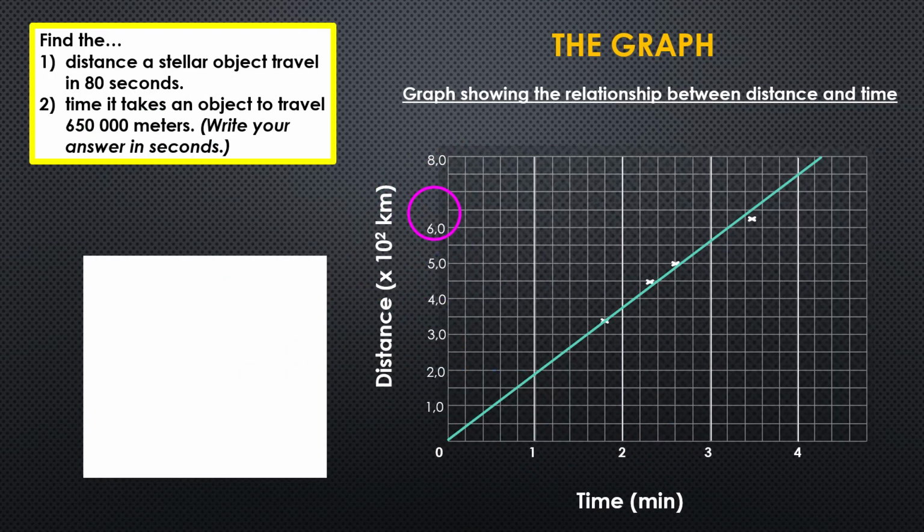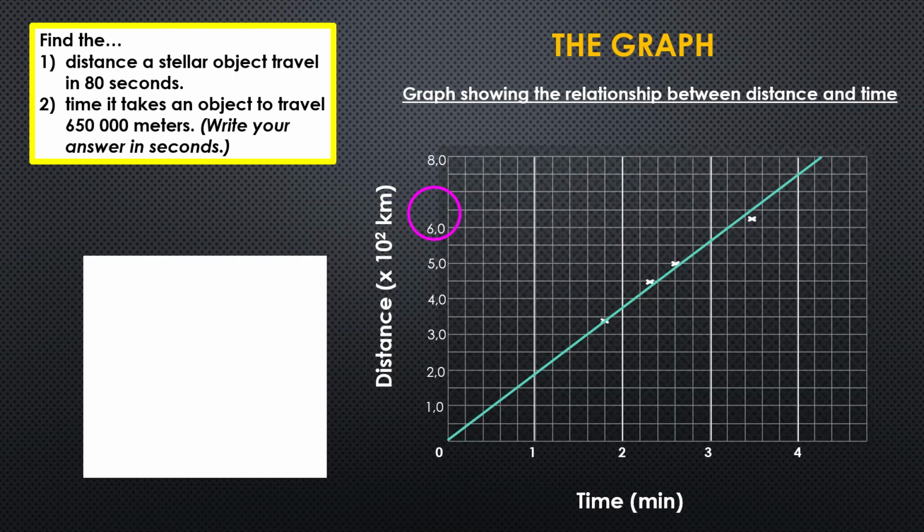Last graph. This graph shows the relationship between the distance and time a stellar object travels in space. These objects travel very fast, and that is why we can measure distance in kilometers per minute. So these objects don't travel kilometers per hour, but kilometers per second or kilometers per minute.